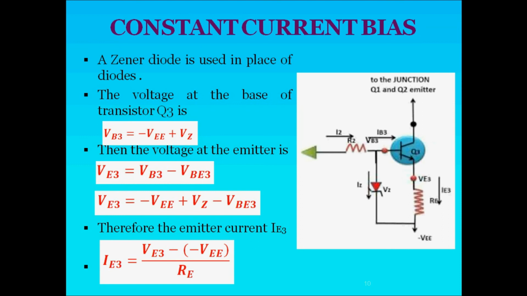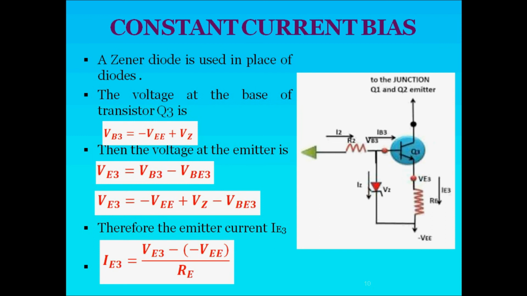So the Zener diode is used in place of the diodes, and the voltage at the base of transistor Q3, as we usually write, is VB3 equal to minus VEE plus the voltage drop across the Zener, VZ. The voltage at the emitter is VB3 minus VBE3, so VE3 is minus VEE plus VZ minus VBE3.